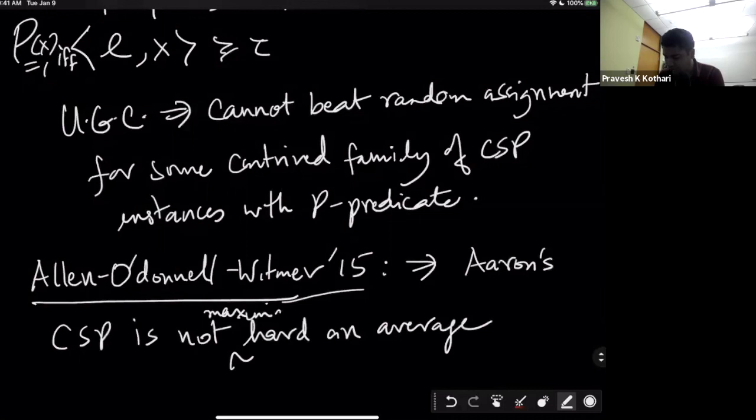So in other words, you can in some sense beat the guarantees of the random assignment on random instances.